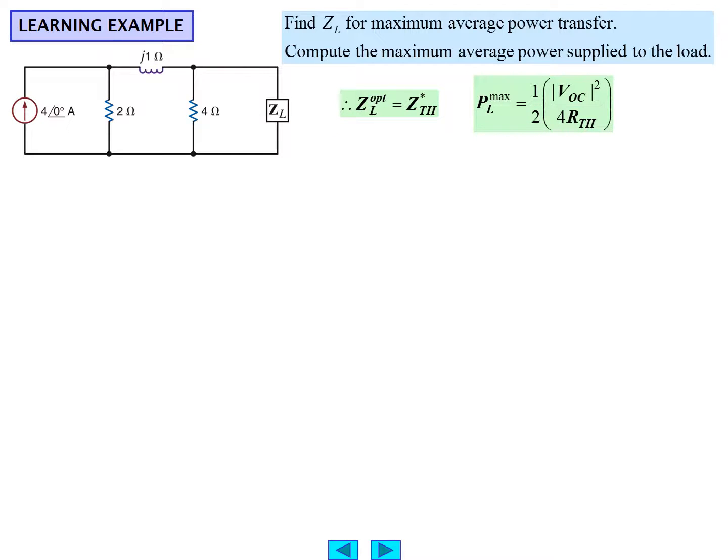We do know that the optimum value for Z sub L would be the complex conjugate of ZTH, and that the maximum power transfer into the load would be 1/2 the quantity open circuit voltage squared, divided by 4 RTH.